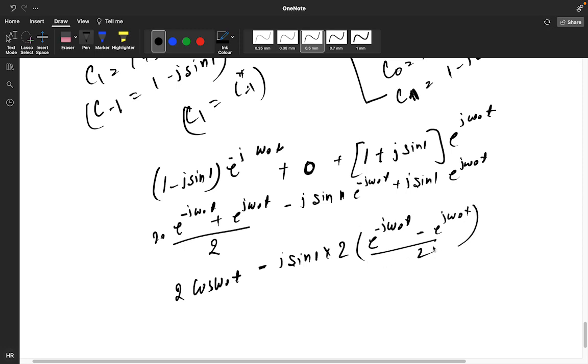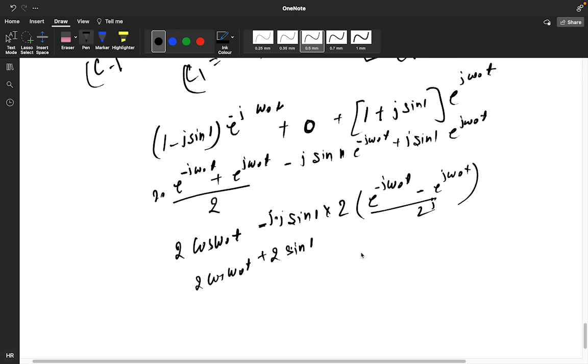Okay, so j I am taking downside and 1 j upside. So 2 cos omega naught t, and j square will give plus, minus of minus is plus, 2 sine 1. Yeah, I have taken opposite directions, let me correct it.